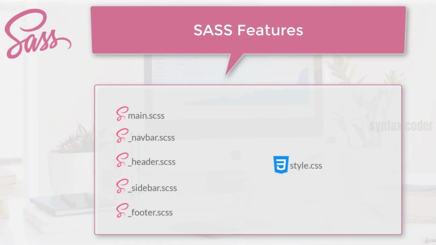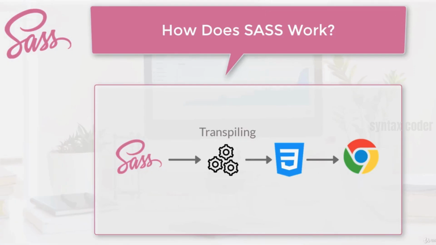Next thing that I want to talk about is how SASS works. Actually, the browser itself cannot read and understand SASS code. We write SASS, but eventually we need to translate it into standard CSS code. This process is called transpiling. Sometimes you may hear compilation instead of transpilation. Both of them are similar processes.